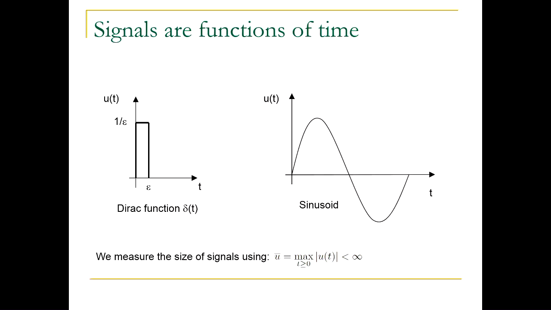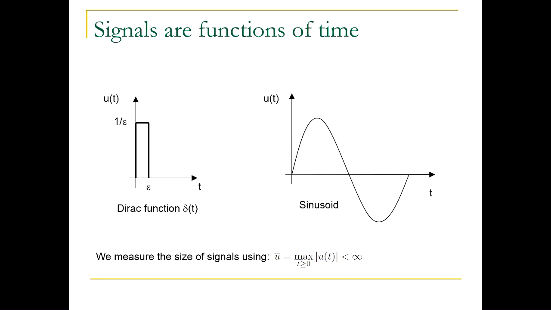The infinity norm here is, if I'm given a signal, for instance a sinusoid, this norm of the signal, or u bar, would be the maximum over all positive time of the amplitude of the signal. So in the sinusoidal case, this would correspond to the amplitude of the sinusoid. Right? So a sinusoid would be bounded, and its bound would be equal to its amplitude, according to this definition.